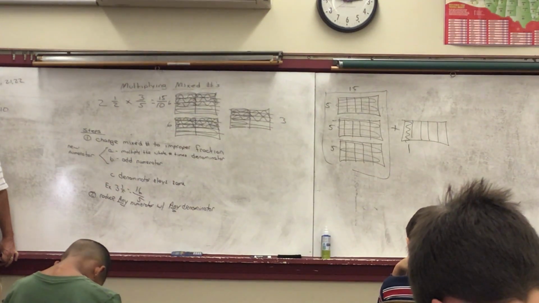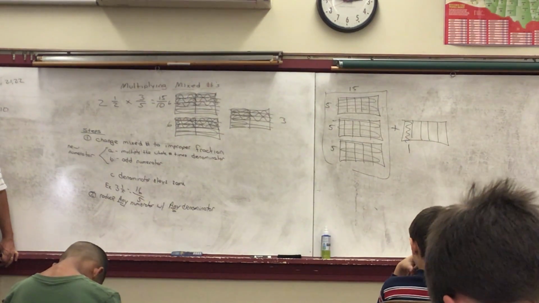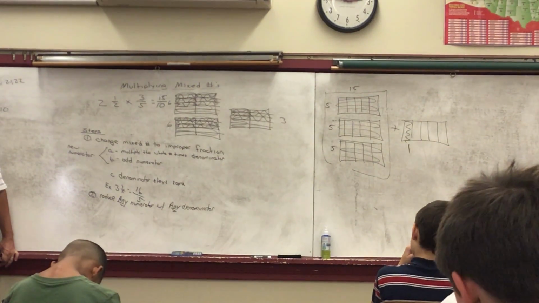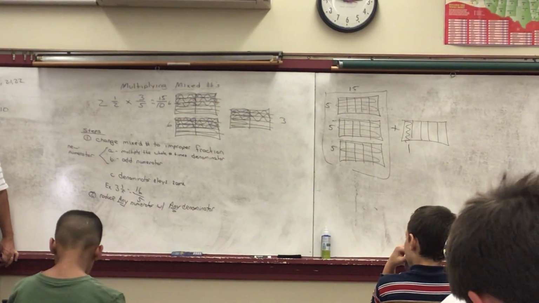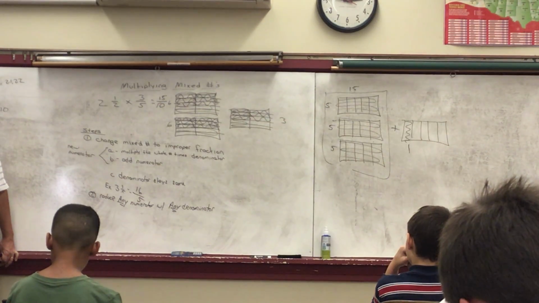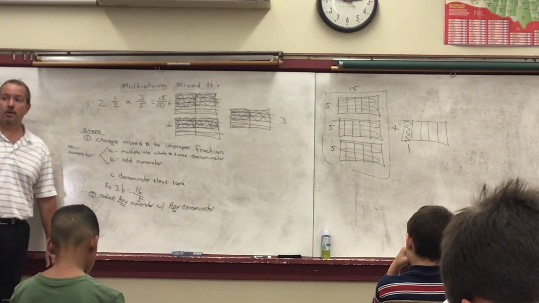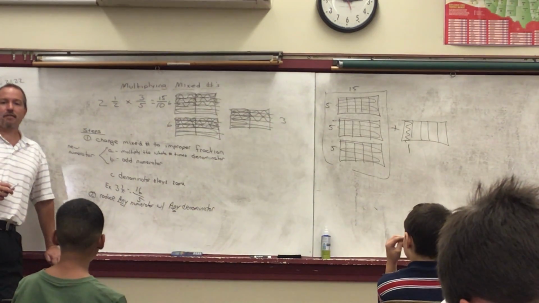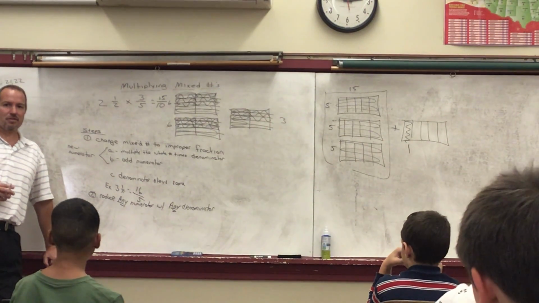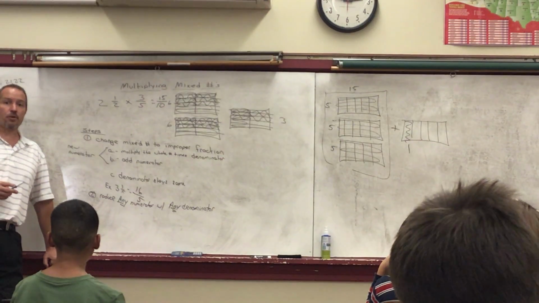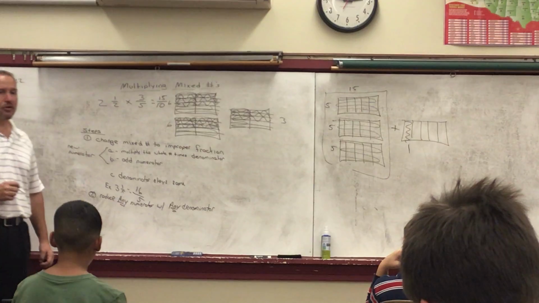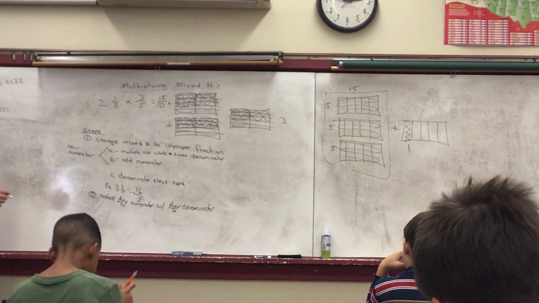Now, it's important, since we're dealing with mixed numbers, that you try to reduce them, because if not, your numbers are going to get very large. They still may get very large. But if you don't reduce them, your answers can get extremely large. And it's going to create more work for you. Okay? So reduce any numerator with any denominator.